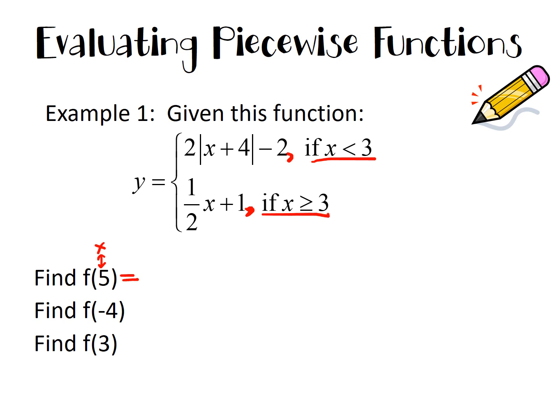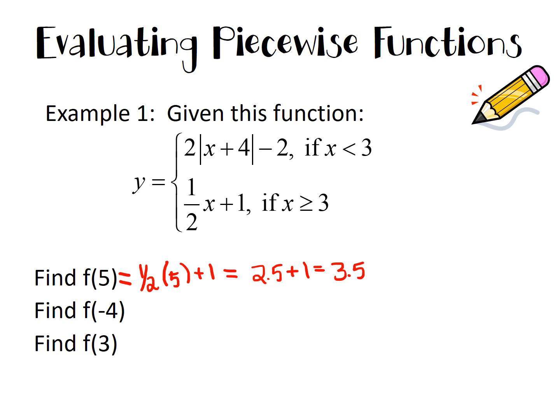Well, 5, my x value, is greater than or equal to 3, so we're going to plug 5 into that equation, okay? So f of 5 is equal to 1/2 times 5, plus 1. So 1/2 times 5 is 2.5, plus 1 is 3.5. So f of 5 is equal to 3.5.